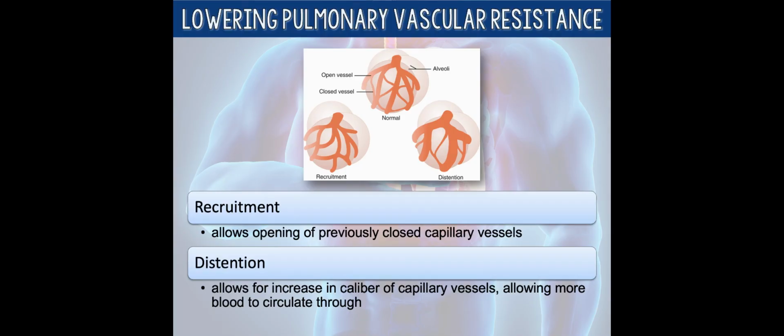One is recruitment. It opens up those previously closed capillary vessels so more blood can go through them. And then there's distension, where it increases the caliber of the capillary vessels, and it also allows the blood to circulate through. So now your lungs can circulate more blood through without its pressures going way too high.